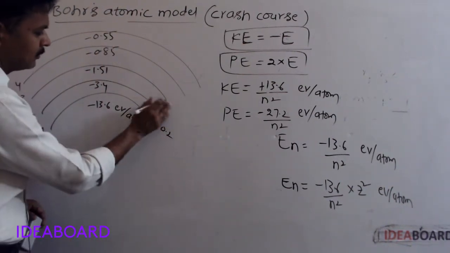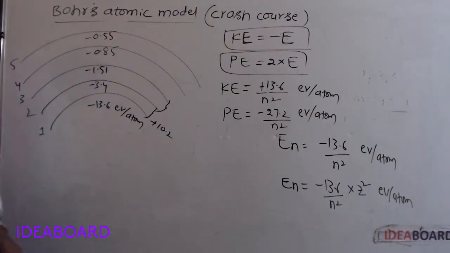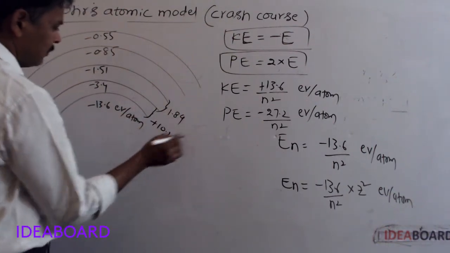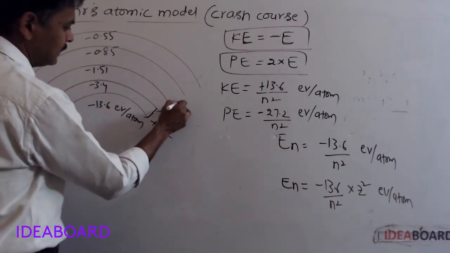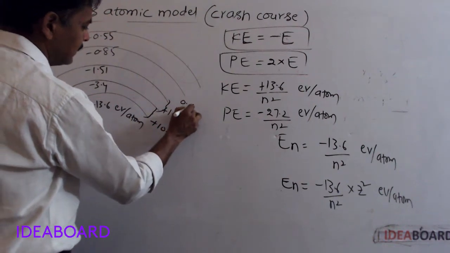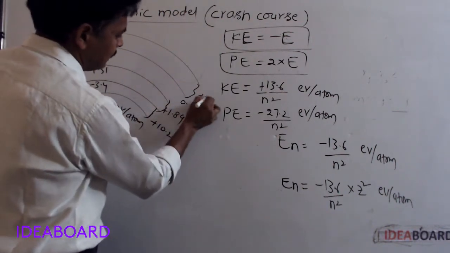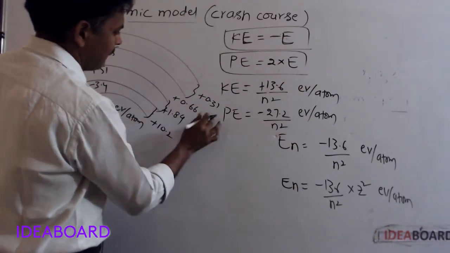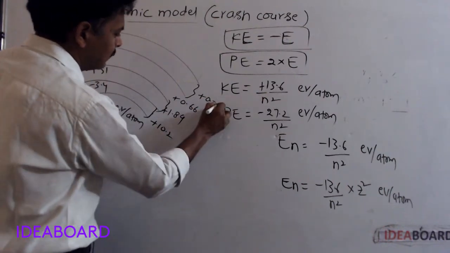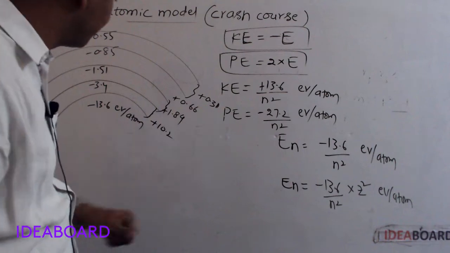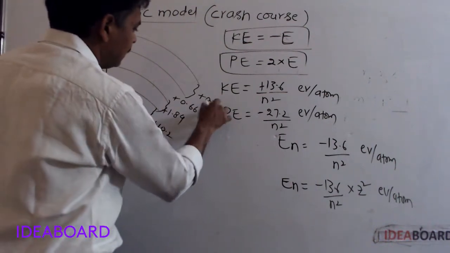This difference is 10.2. This difference is 1.89. This difference is 0.66. This difference is 0.31. So from this we can observe that as the n value increases, the energy difference between successive orbits decreases.